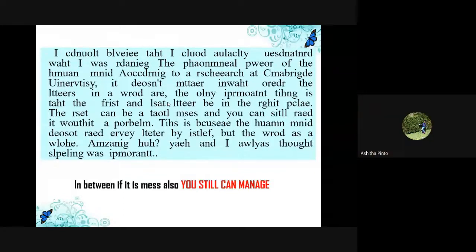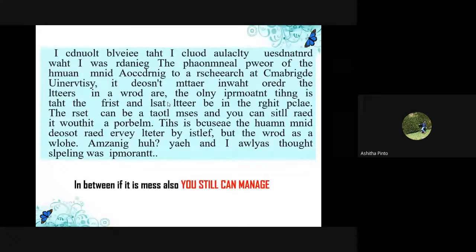I couldn't believe that I could actually understand what I was reading. The phenomenal power of the human mind, according to research at Cambridge University. It doesn't matter in what order the letters in a word are.